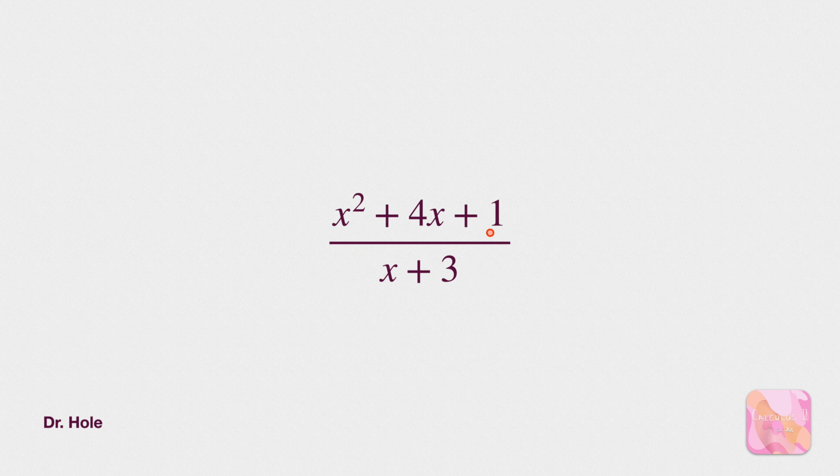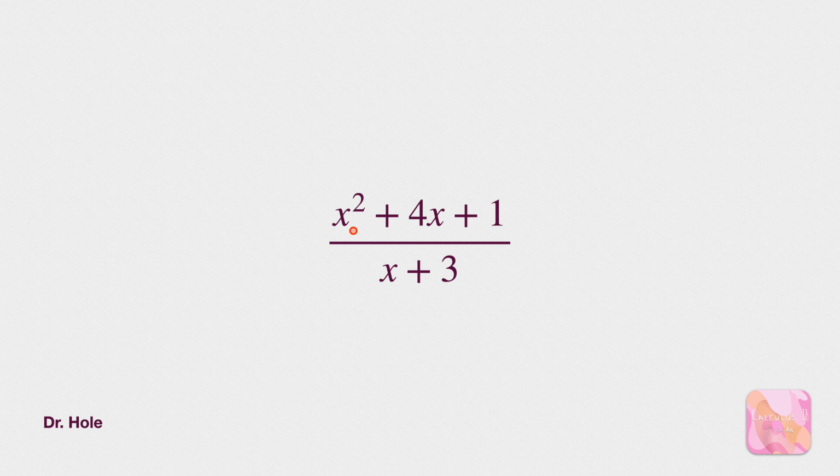All right. Take a look at this denominator and numerator. Note that in the denominator, we have a linear polynomial. In the numerator, we have a quadratic polynomial. The example that we just did was this notion of dividing the bottom into the top.